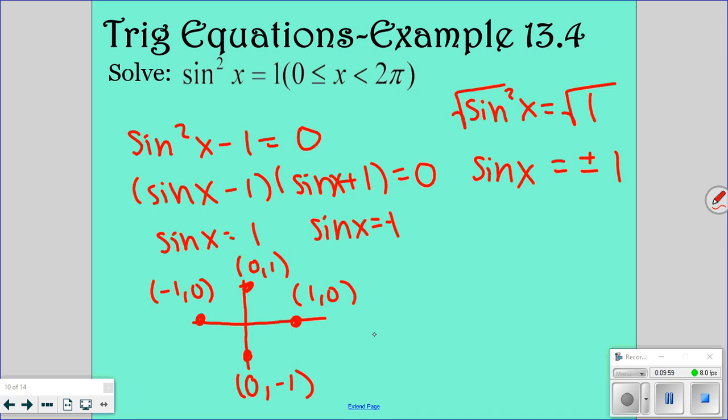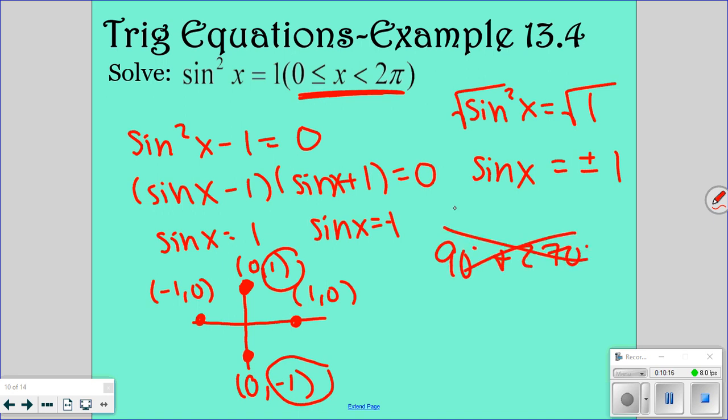And so your sine is your y value, and so this is where our sine is equal to 1 and negative 1 at 90 degrees and at 270 degrees. But if you look here, if we put 90 degrees and 270, that would be wrong because it wants our answer in radians. So we should put pi over 2 and 3 pi over 2 for your answer.